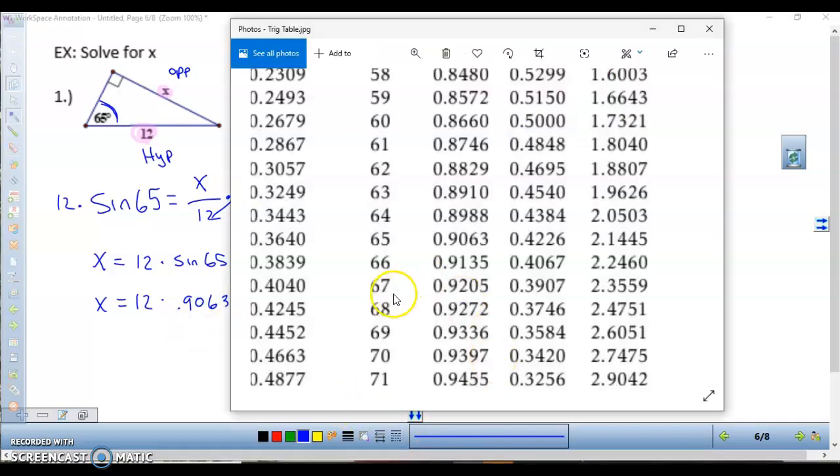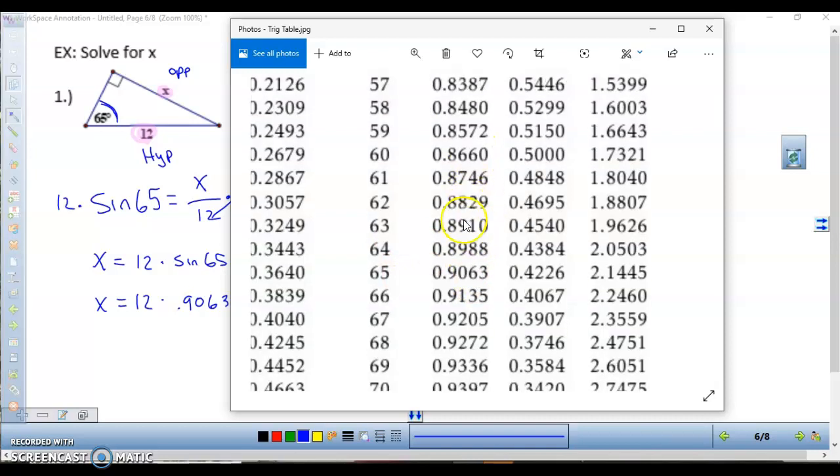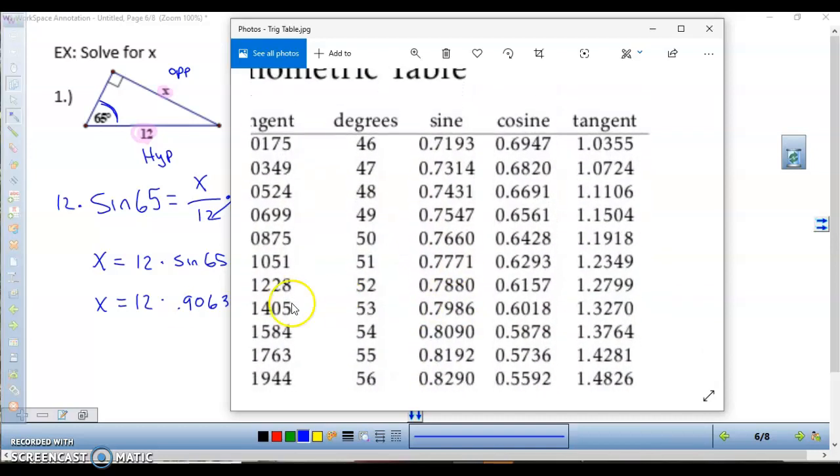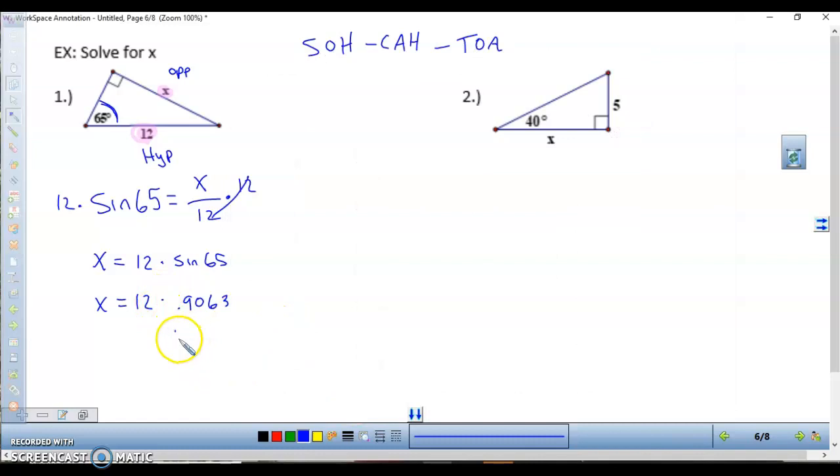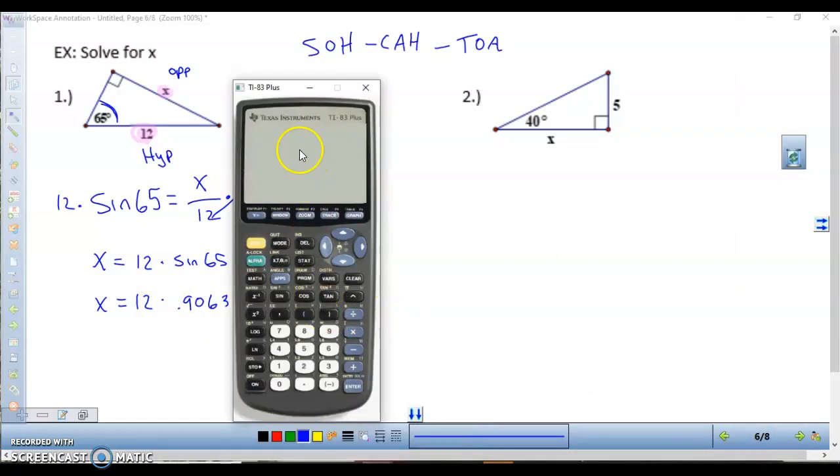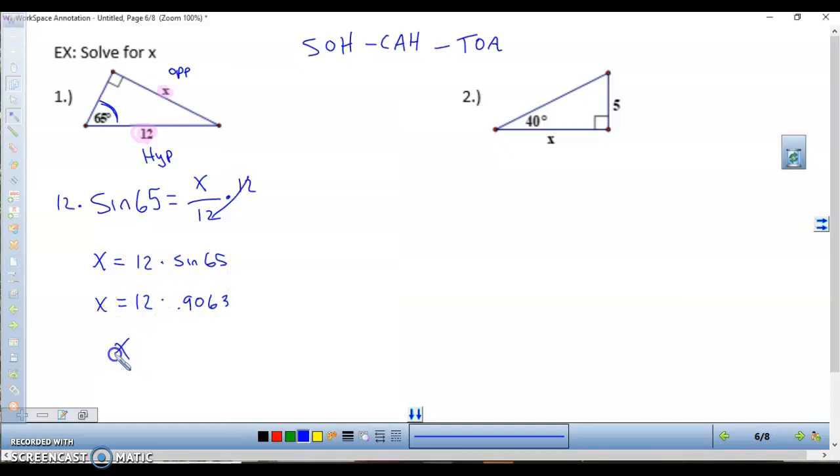Double check that. 65 degrees, 0.9063 is sine. Sine is the first one. Sweet. And now you do need your calculator, some sort of calculator. You can use your phone or whatever you need to use to multiply 12 times 0.9063. And you get that x is about 10.9. Sweet.